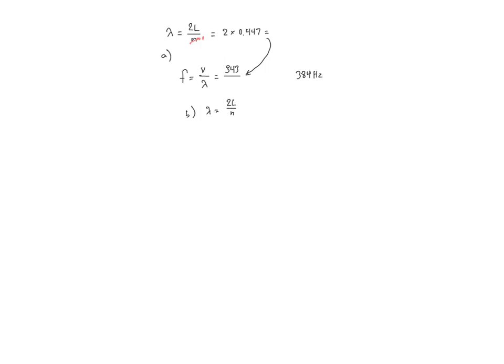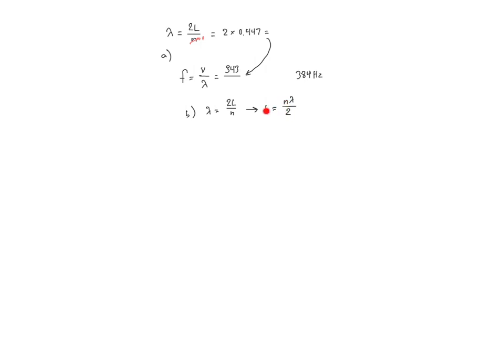So if I take this equation and rearrange it for L, so L is equal to N lambda over 2, you can find a whole bunch of other lengths, but let's just look at the next two lengths after the fundamental, which would be the second and the third harmonics. Just plug in N equals 2, which would cancel out with this 2.